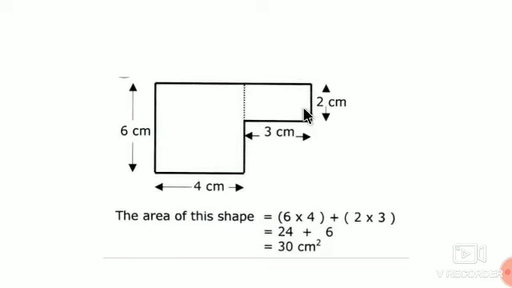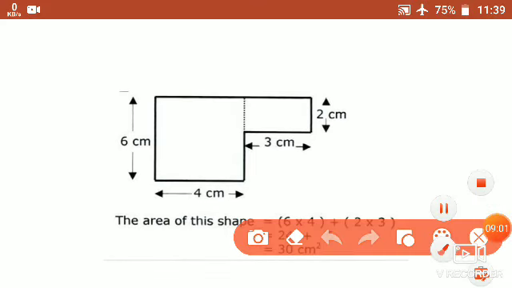By the property of the rectangle, that opposite sides are equal, if it is 4, it is also 4, and it is 3. So 4 plus 3 will become 7. So this will be 7 centimeter. Correct? And this we have to find out now.